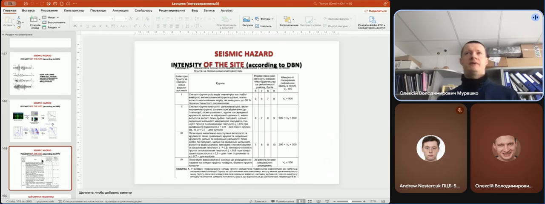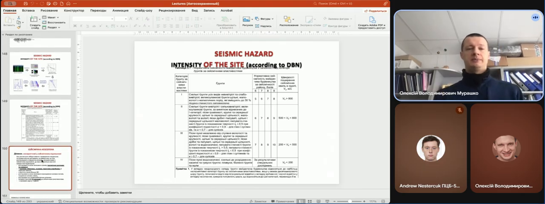So when we have the first category, the best category, we can reduce seismicity of the construction site by one point compared to the seismicity of the region. When we have a second category of soils, we will take it the same as for the region. And when we have the third category, we have to add an additional point of seismicity to the seismicity of the region. And when we are working with the fourth category, we have only to do seismic microzoning.